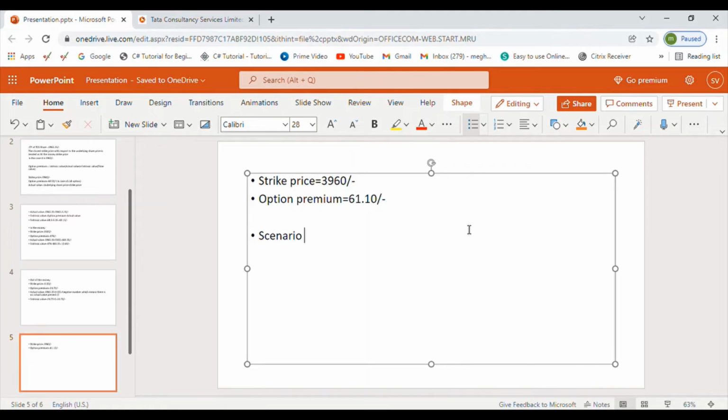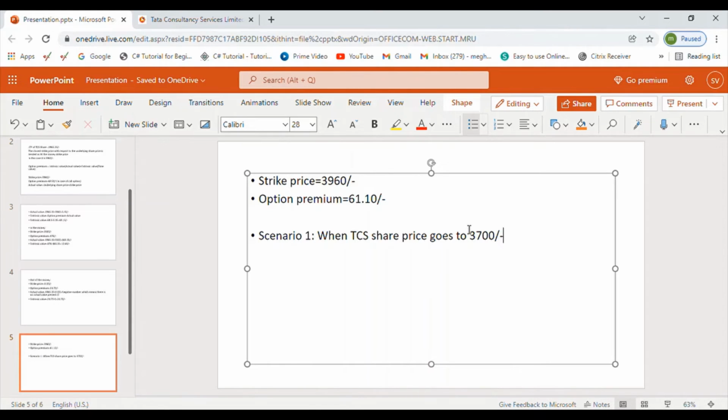Scenario 1. When the TCS share price goes to, let's say, 3,700, that is in favor of the put option buyer, because he is expecting the share price to go down, and it actually went down. Now what will the put option buyer do?